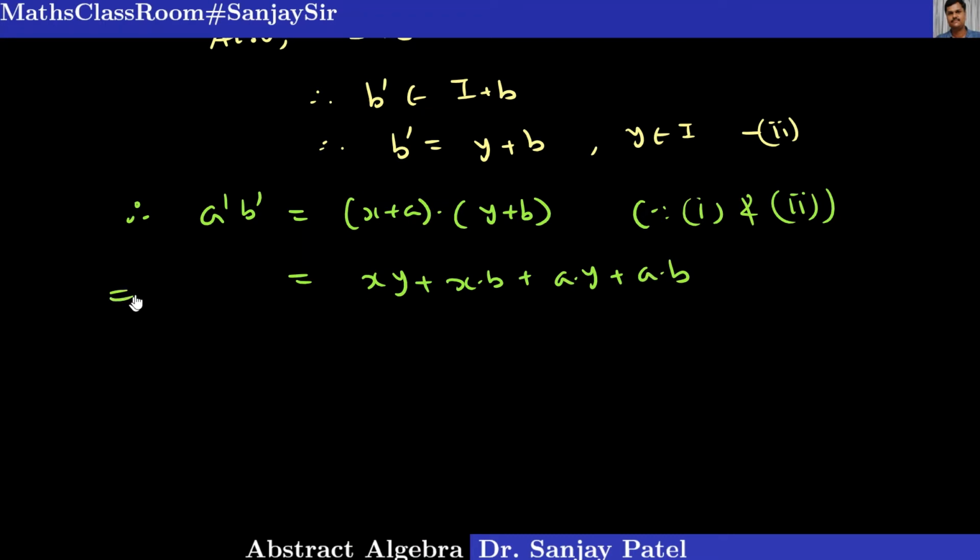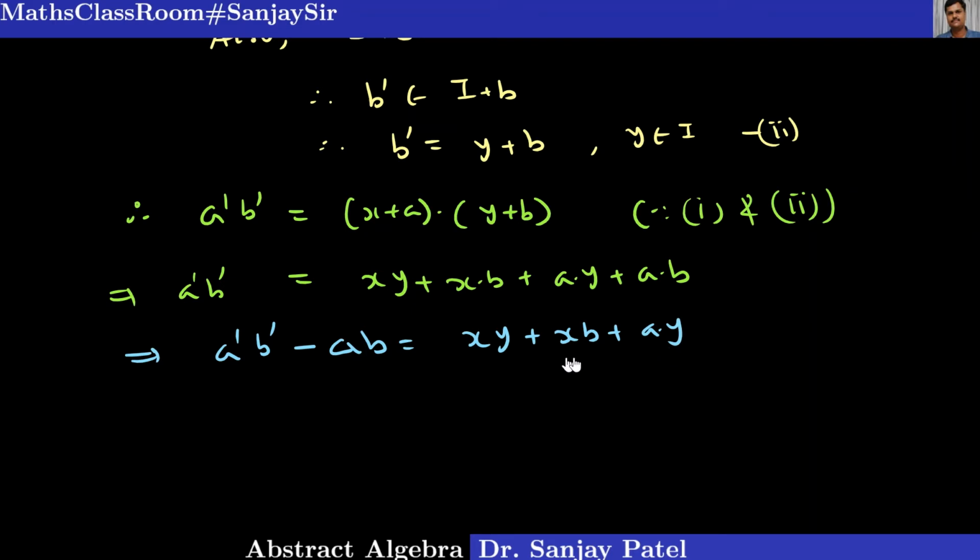So what I have proved is A'B' is equal to this. And this implies I can rewrite this as A'B' − AB = XY + XB + AY.